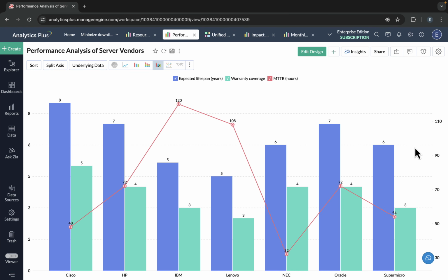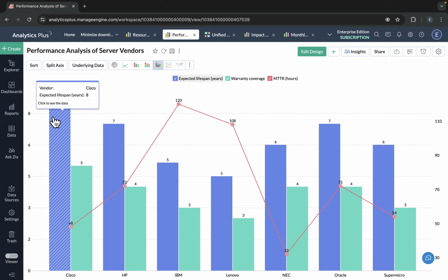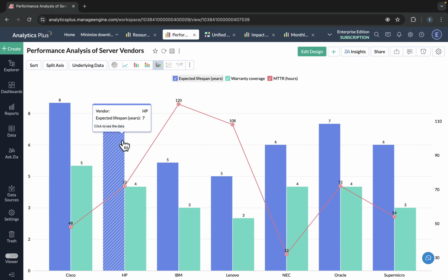The analysis projected on your screen showcases the average expected lifespan of assets and compares it to the proportion covered by manufacturer's warranty. By choosing resources or assets with longer lifespans, organizations can minimize the frequency of replacements and hence the associated downtimes.